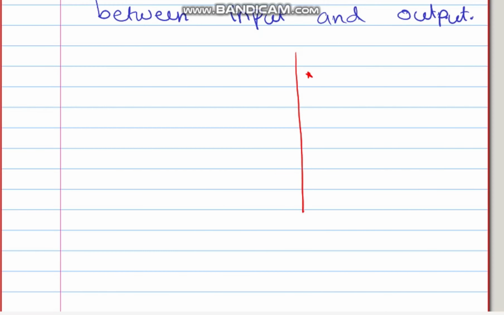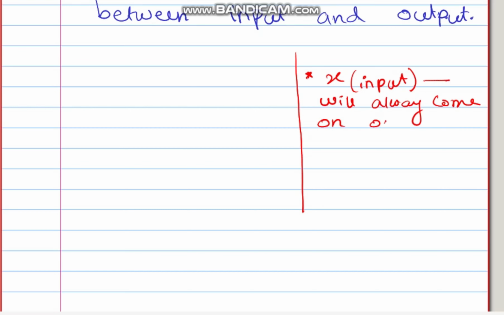Let me write here a very important point. x, which is input, I am writing here in the bracket for better understanding. x, which is input, will always come on the horizontal line.